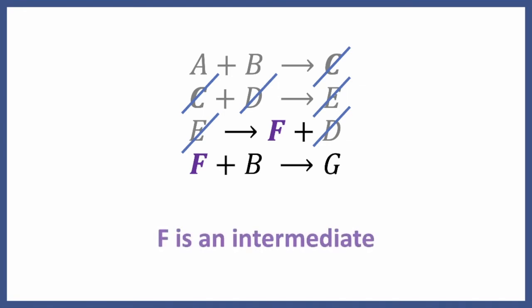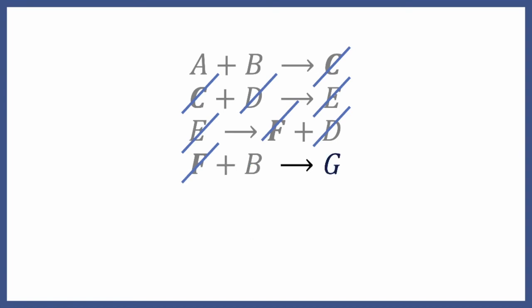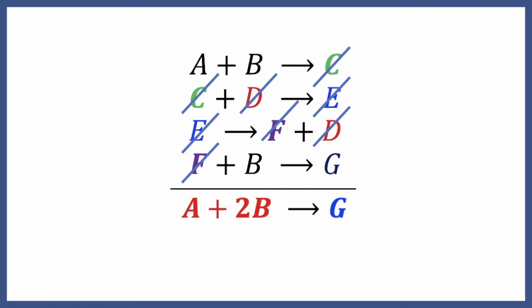F is an intermediate. And let's look at the last line. B is a reactant, but we already knew that. We have 1B used in the first reaction and 1B used in the fourth. And our product is G. After we cross out all of the catalysts and intermediates, our final reaction equation is A plus 2B yields G.